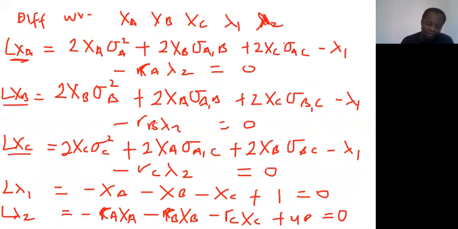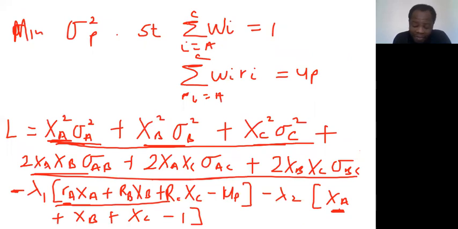And the fourth one is differentiating with respect to lambda. So let's look at that one too. When I differentiate with respect to lambda 1, in the first 5 components, there's no lambda 1 there, so that part I don't touch it. It's almost 0.